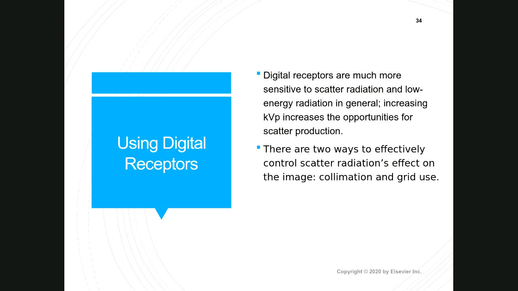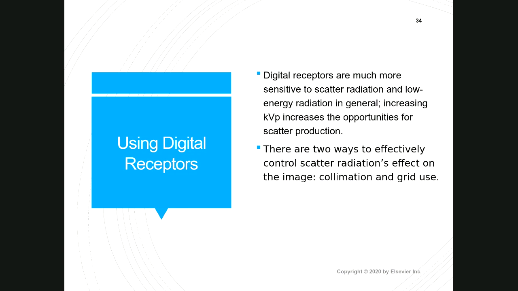But remember, we've talked about the fact that there is virtual grid software, because anytime we use a grid, we have to utilize the grid conversion formula, meaning if you're going from no grid to a grid or changing between grid ratios, you have to alter your mAs value to compensate for the loss in quantity of photons striking the image receptor.